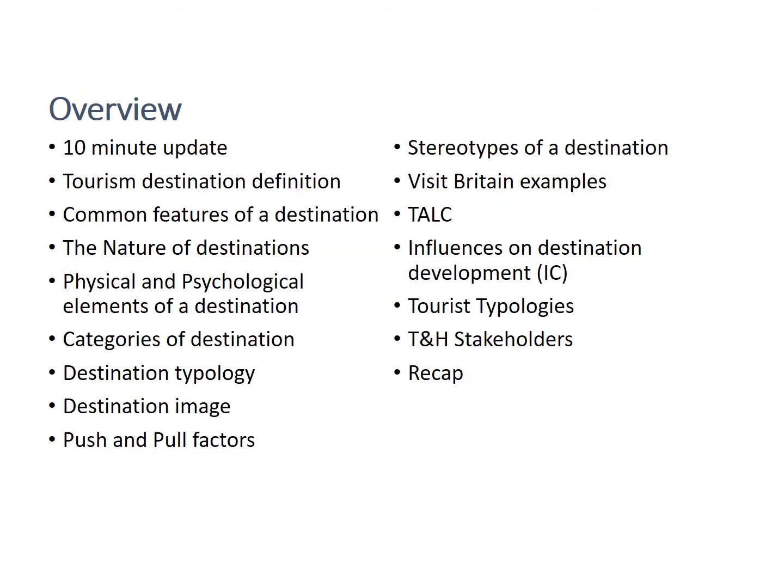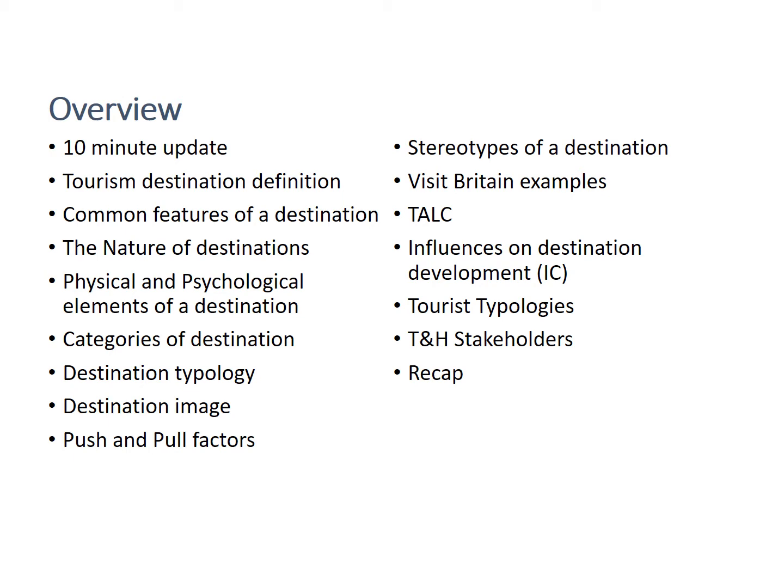So overview, we're going to give a short update. We're going to review tourism destination definition, common features of a destination, the nature of destination, the physical and psychological elements of a destination, categories of a destination, destination typology, destination image, the push and pull factors, stereotypes of a destination.